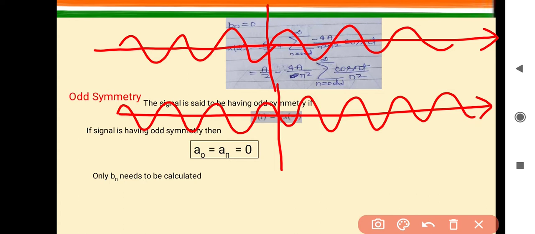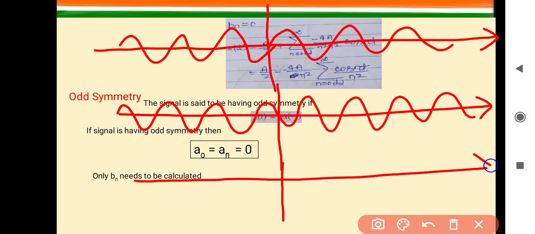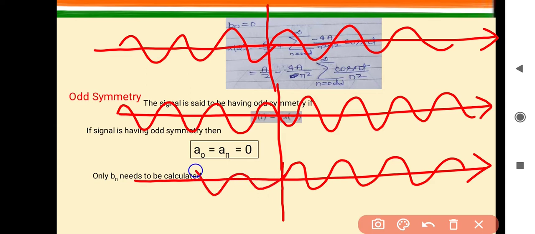If we take reversal of the same signal about the x axis, the signal which is plotted below the x axis will go above the x axis, and which is plotted above the x axis will go below the x axis. The x axis will act as a mirror, and if we assume the x axis as a mirror, it will look like this.